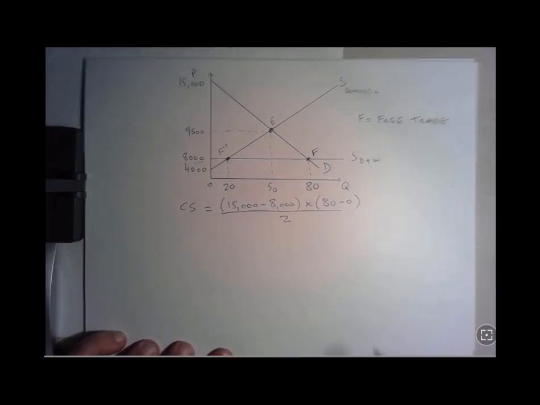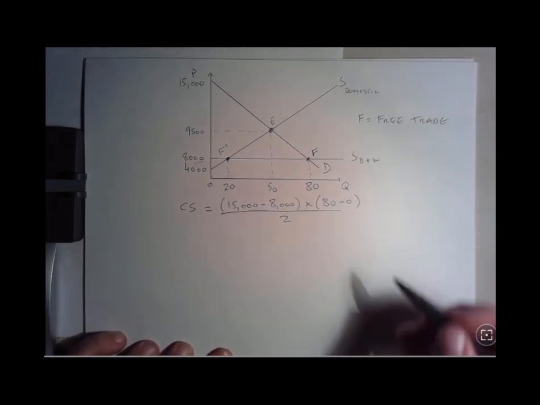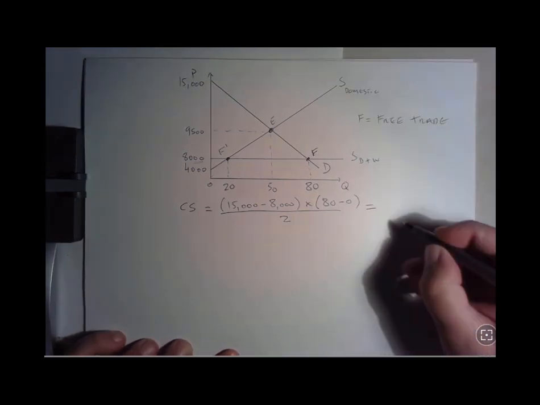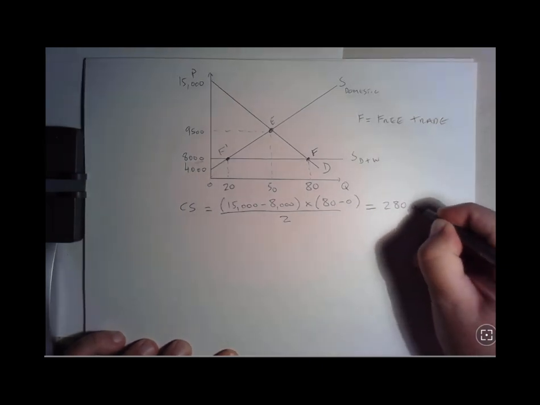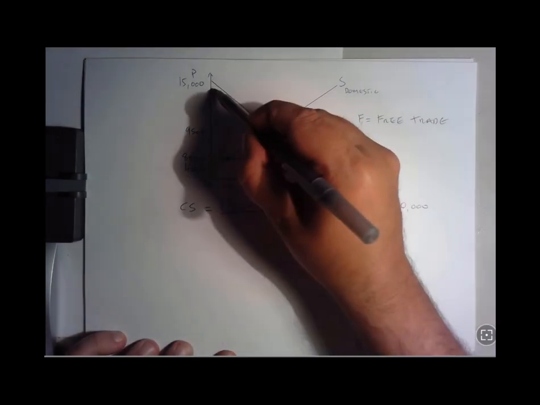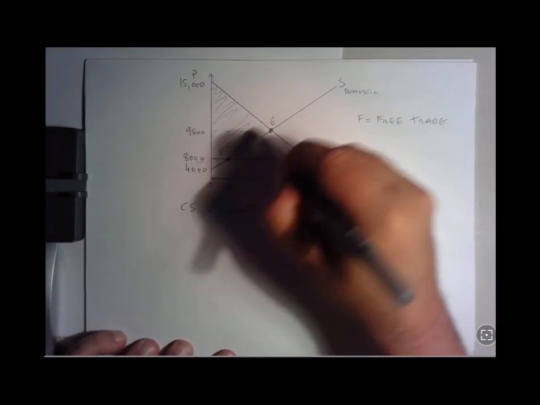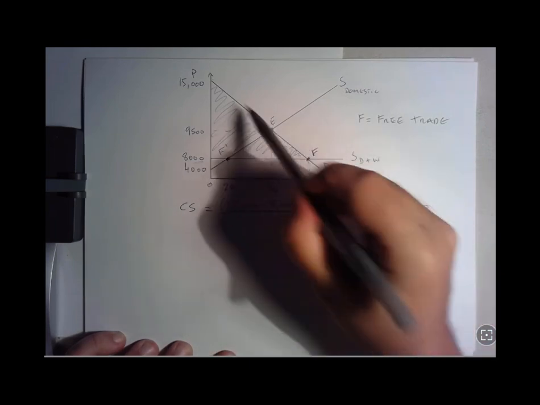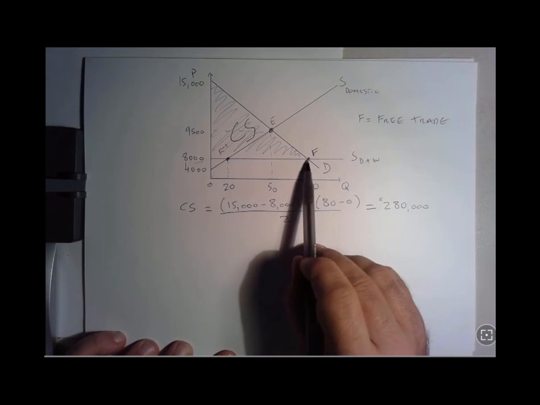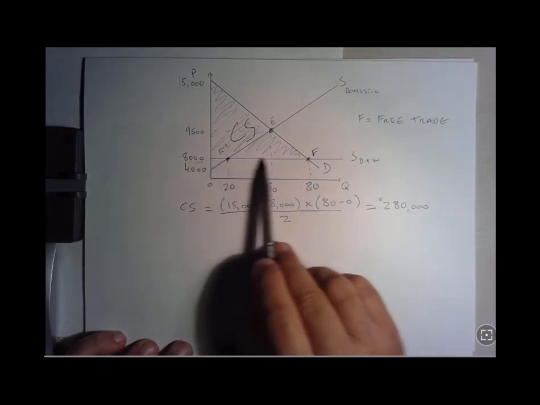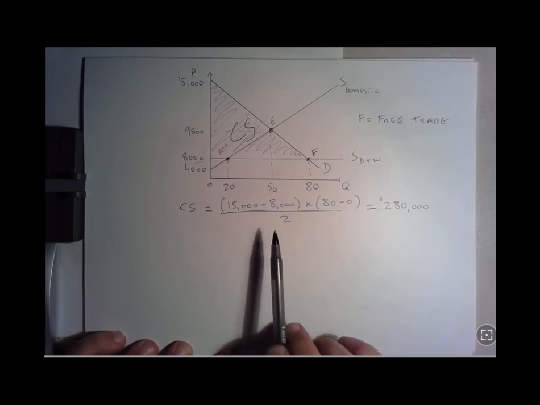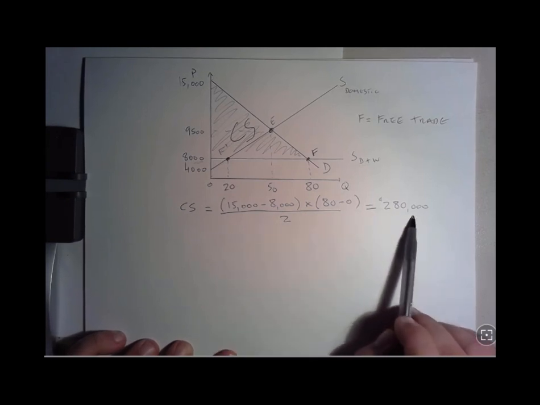Divided by 2, because it's a triangle, not a square. We're going to get a consumer surplus of $280,000. So all this area here, this triangle, is the consumer surplus now. The benefits for the consumer got much larger compared to a closed economy scenario. Accounts for $280,000.